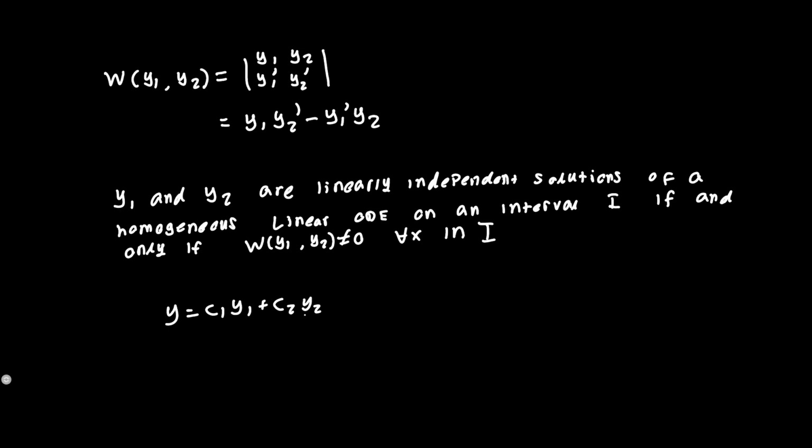But if y1 and y2 are linearly dependent on each other, then we are simply going to get y is equal to c y1, since y1 and y2 are going to be the same, they're just joined together because they are linearly dependent on one another.